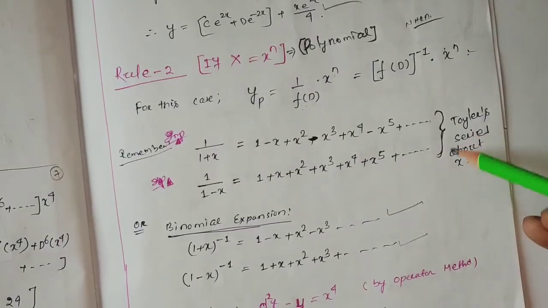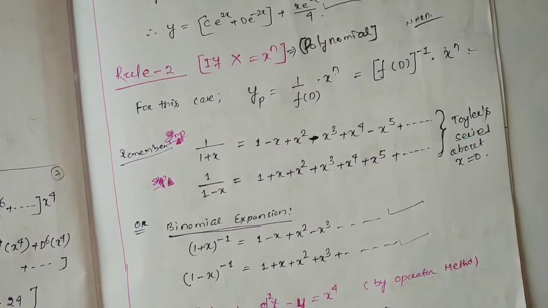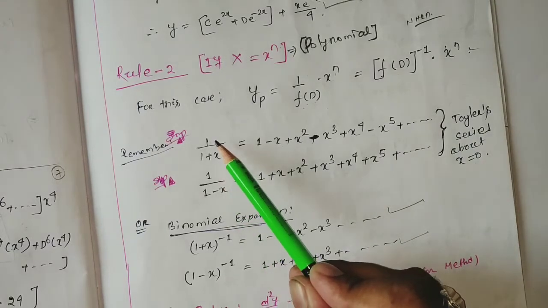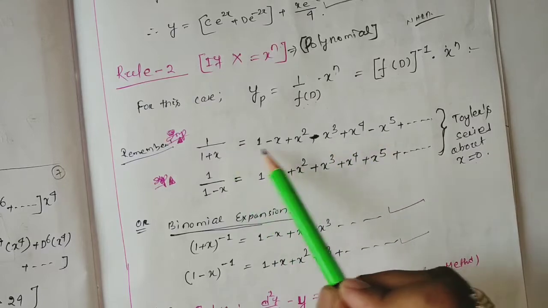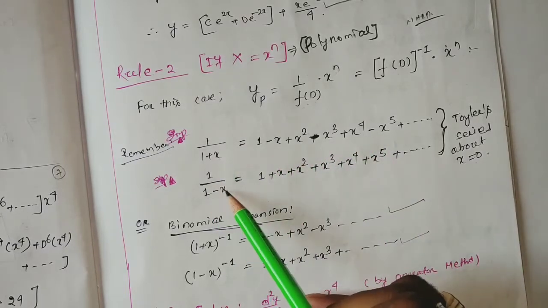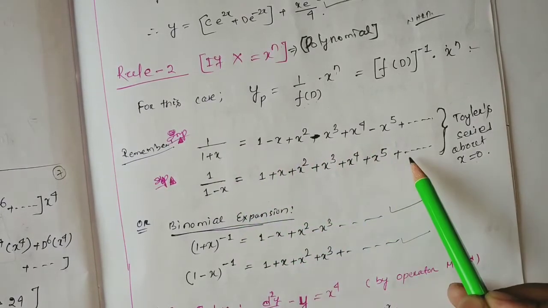You can remember them by any name, but remember that 1 by 1 plus x has this expansion, and 1 by 1 minus x has this expansion.